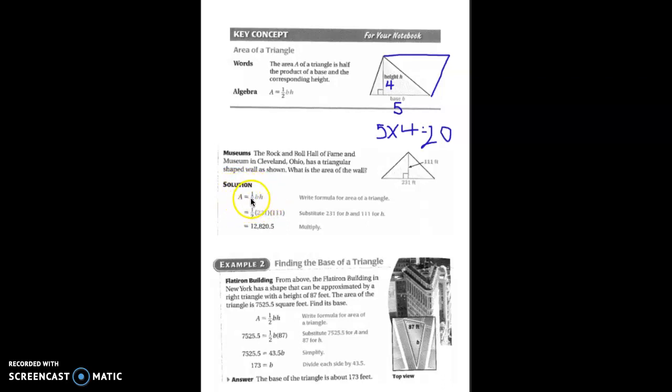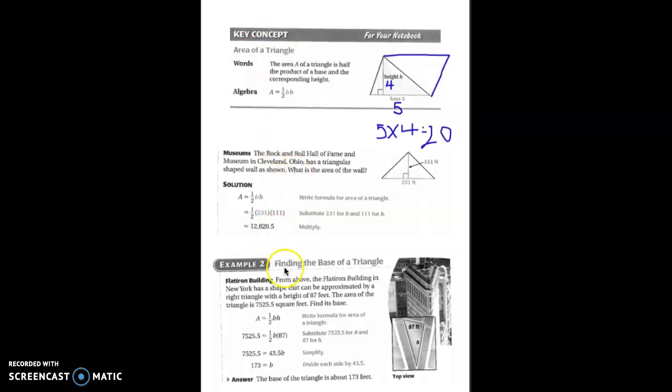So A equals half base times height. And then we simply plug in the base and the height into the formula. So half, base being 231, and then height being 111. And then you simply multiply. And then it will give you 12,820.5.